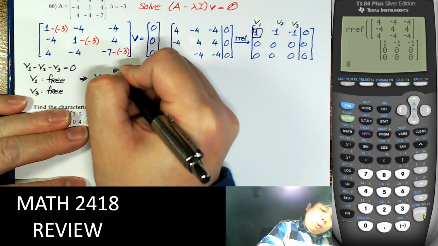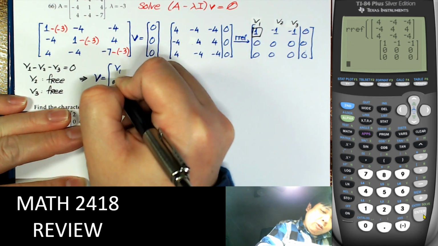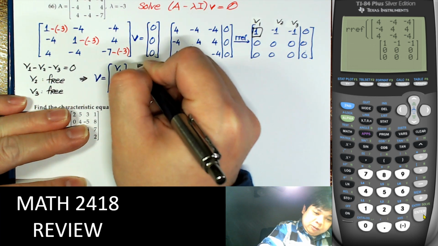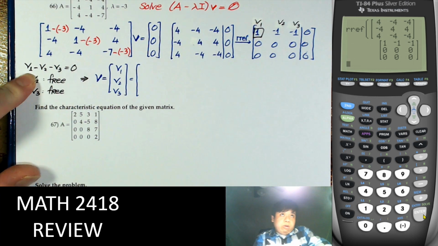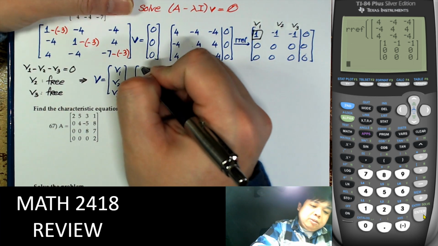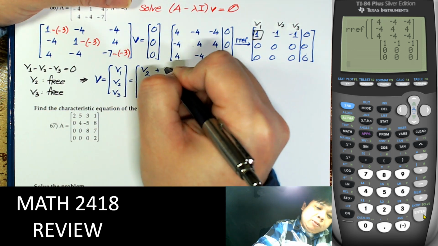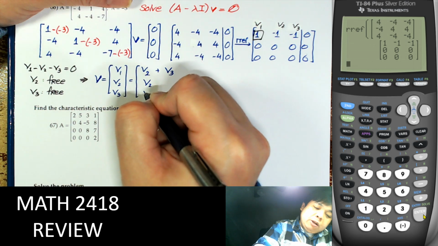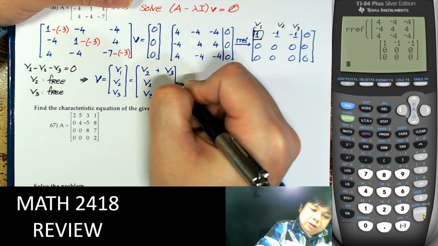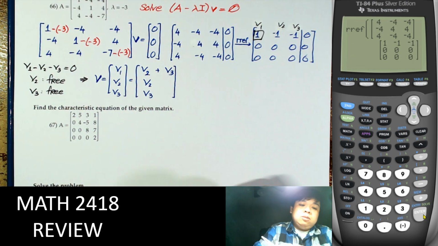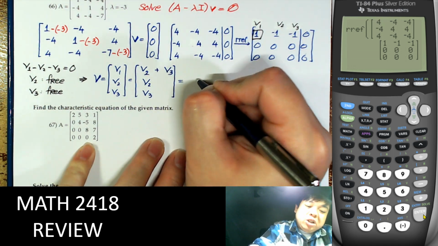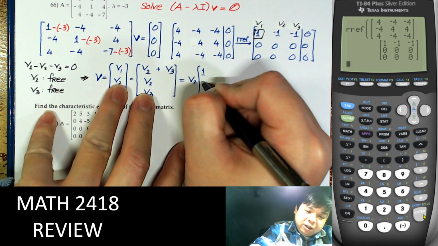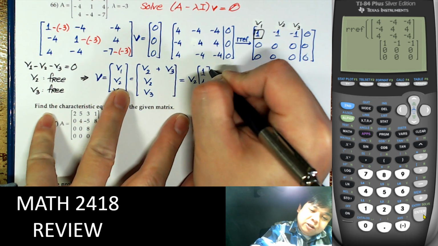V, we have 3 components, v1, v2, v3. V1, if we solve for it, will be v2 plus v3, and then v2, v3. So if we split for v2, there's 1 and 1 and 0.